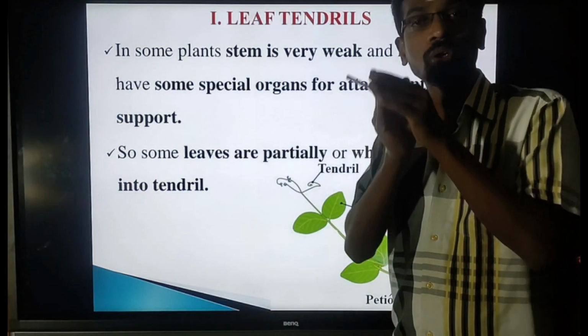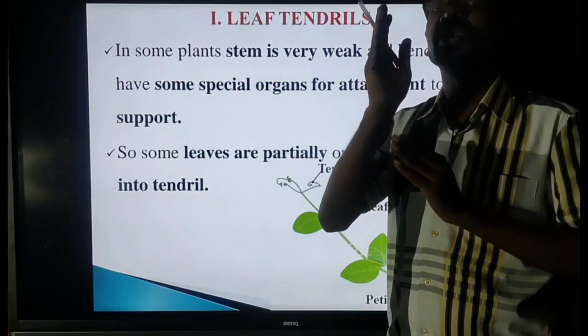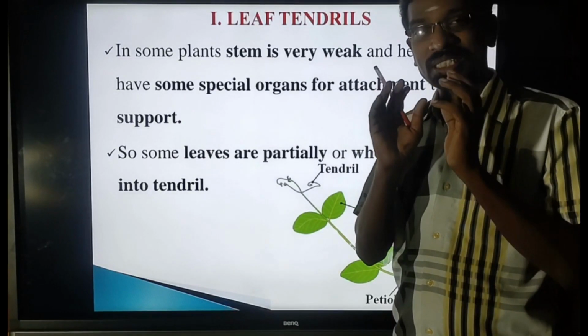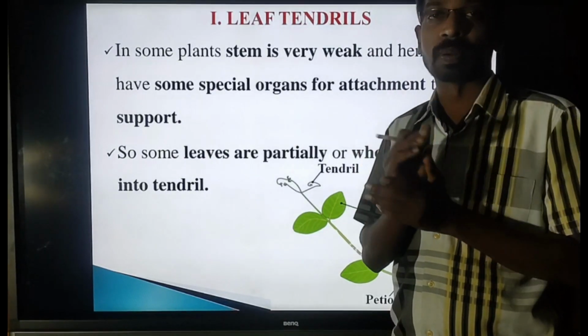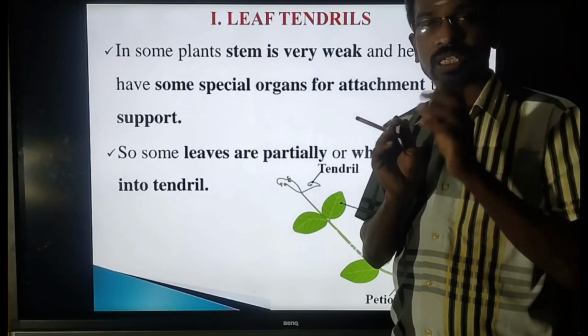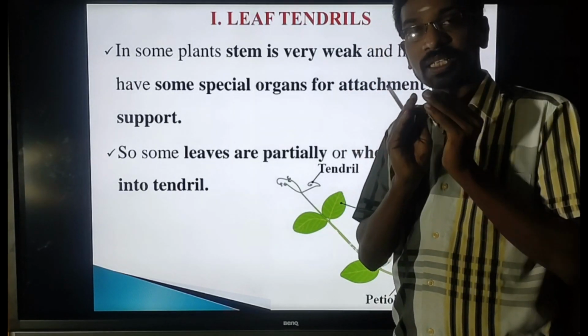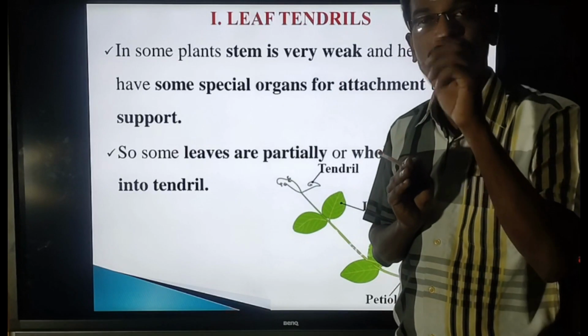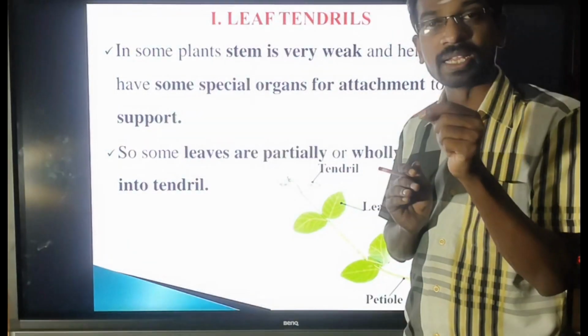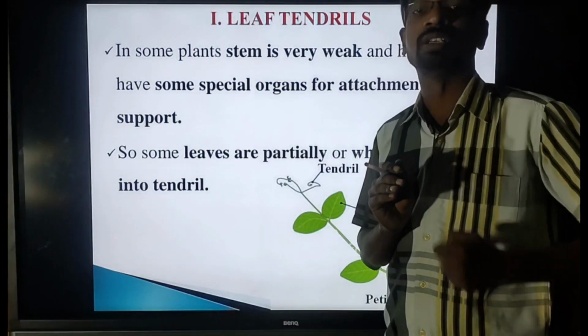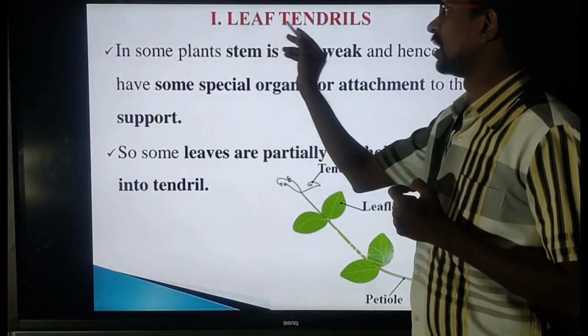So it needs some support plant, and it will spread on the support plant. How do they climb the support plant? By a specialized structure, that is the leaf tendril.